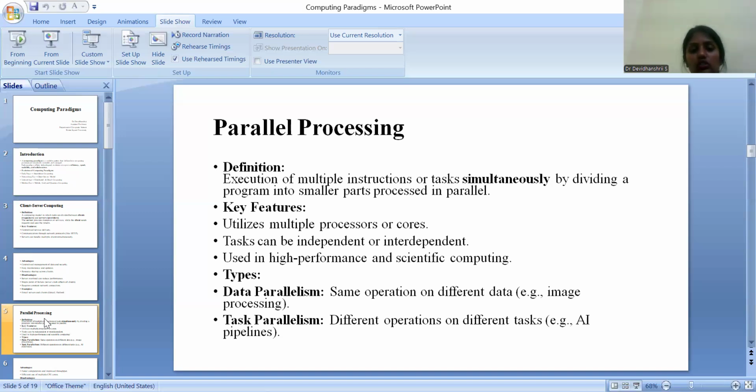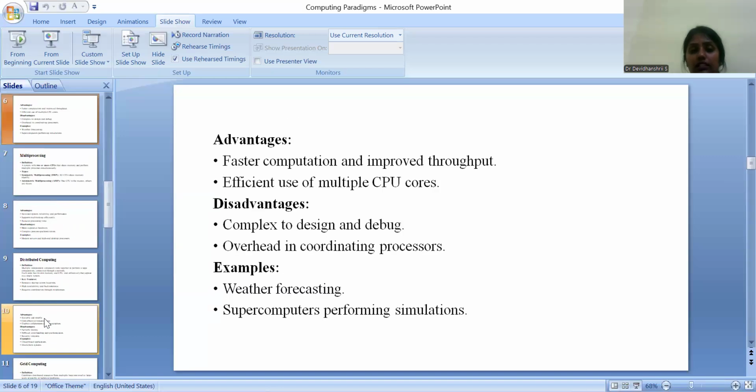Key features are that it utilizes multiple processors, tasks can be independent, and it is used for high performance. The types are data parallelism and task parallelism. Same operations on different data is known as data parallelism, and different operations on different tasks is known as task parallelism.